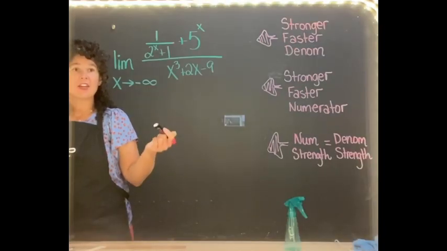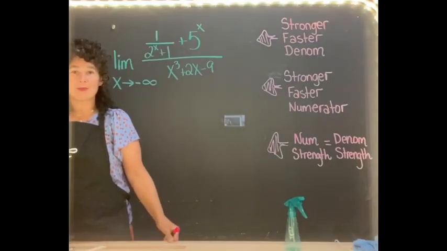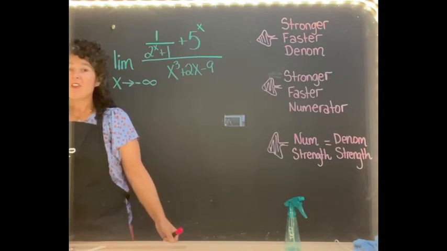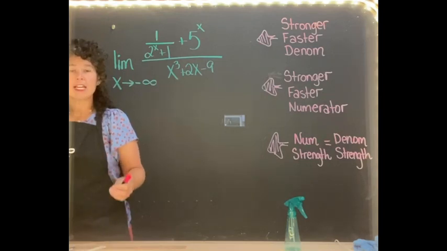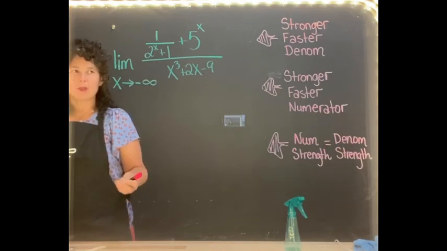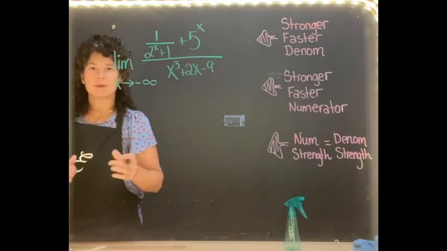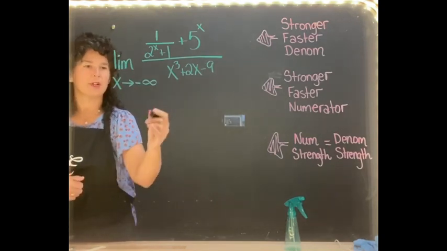Here we have an even more challenging limit as x goes to negative infinity. Even though we will likely not have a calculator to evaluate this limit, we can substitute a very negative number and estimate just to kind of get a feel for what's happening. So let's say I substitute in negative 100.